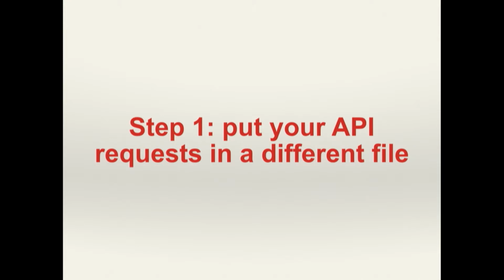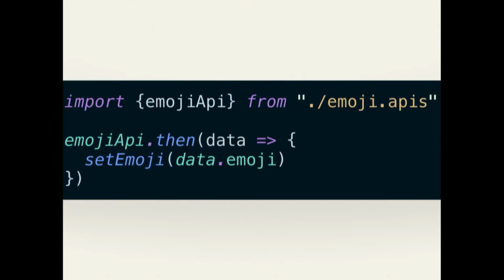The first step is to put your API requests in a separate file. And you'll notice that, back to our example here, that was what we're doing here. So at the very top, we're importing that function, and then we're using it in our component. So that's step number 1. Step number 2 is we're now going to mock that whole file that contains all of our API requests.